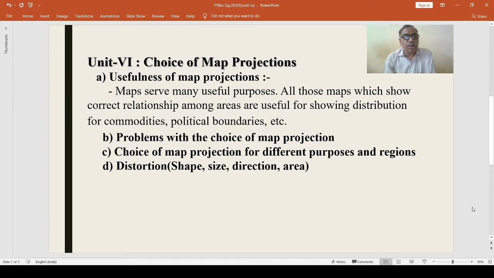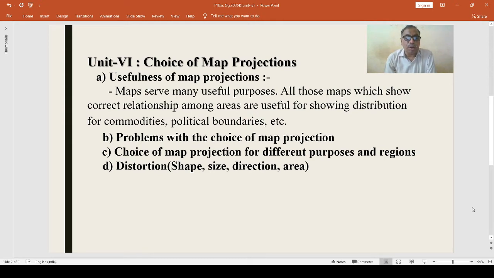About usefulness of map projections, zenithal polar equidistant projection. It is used for countries in the polar area, for example Greenland, Iceland, Norway, Antarctica.